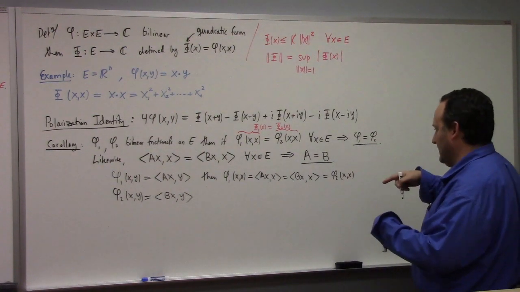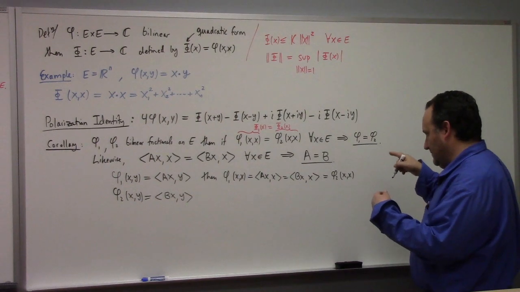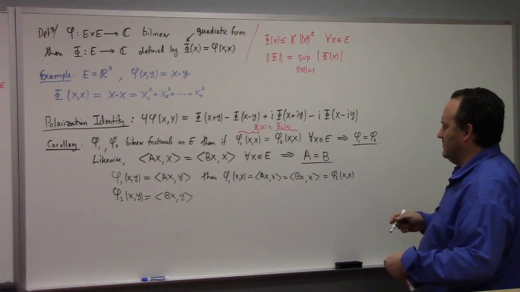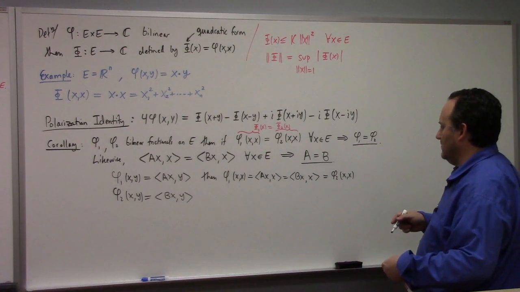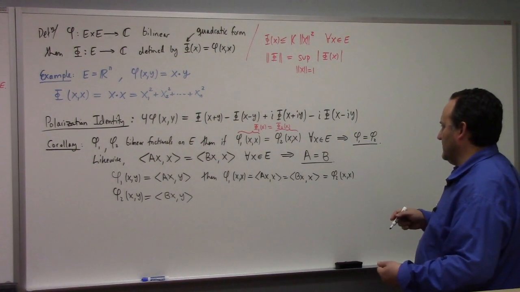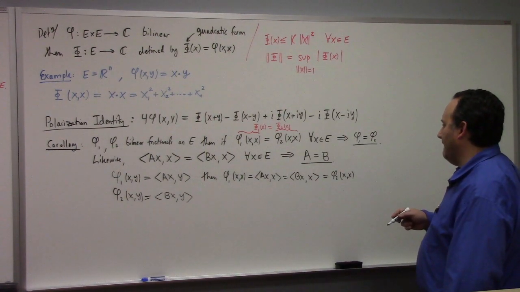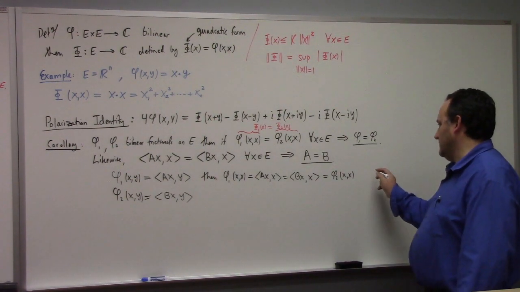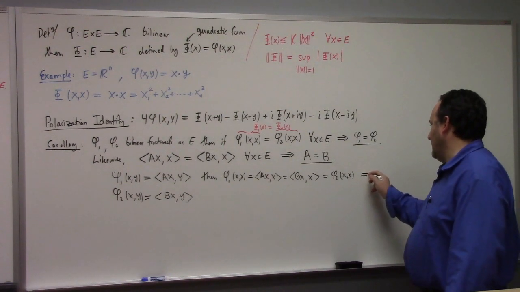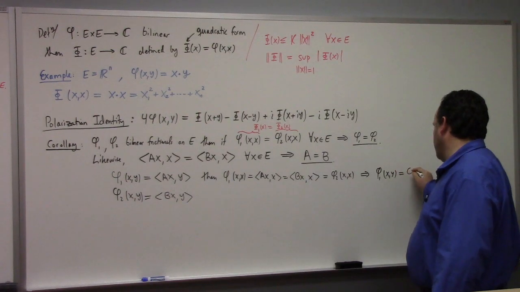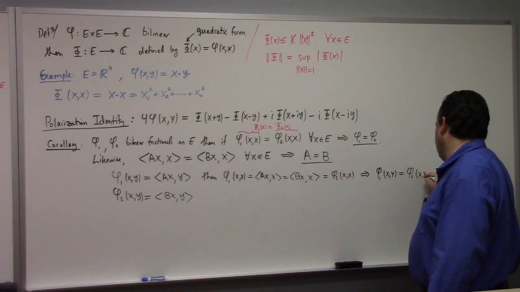Then from the first case, it follows that phi1 is equal to, well, wait a minute. So what does that tell me? That tells me that phi1 of x comma y is equal to phi2 of x comma y.